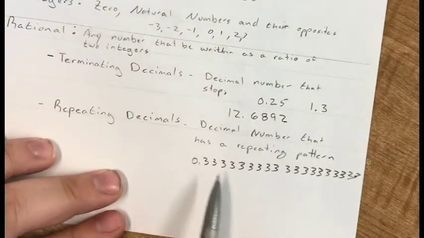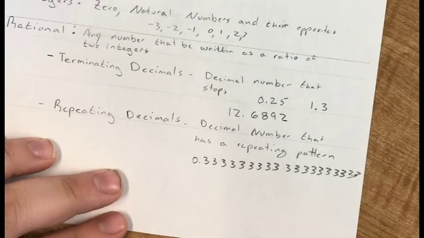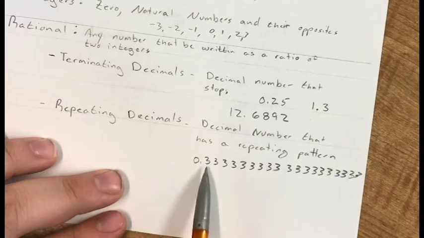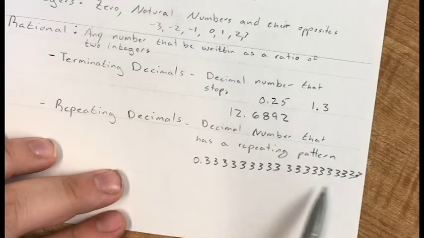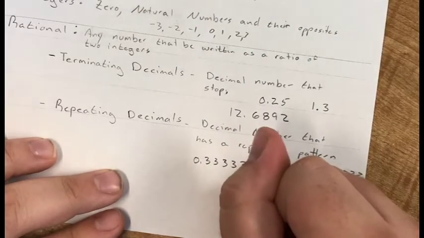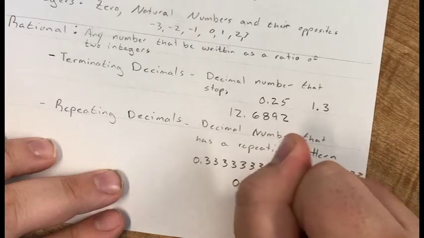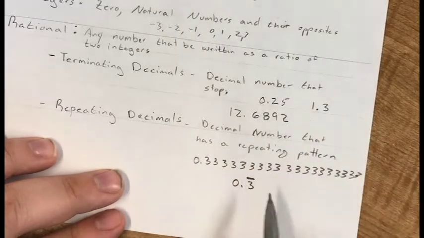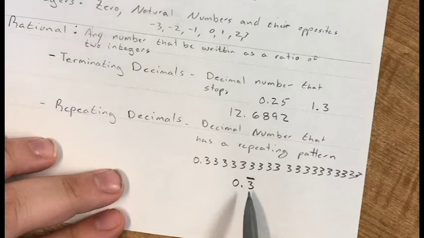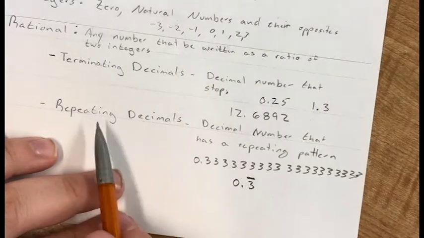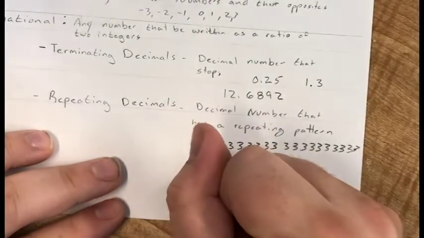This is a repeating decimal. Before I give another example, we actually have a shorthand of writing this type of decimal, and it's 0.3 with a bar over it. This bar tells me that I'm repeating this number over and over again. So let's do another repeating decimal.